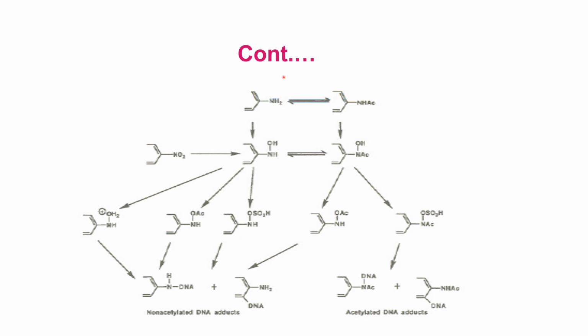This is the pathway of the reaction mechanism. The nitro group is converted into an NHOH or NH2 group, and this NH2 group or NHOH group has a lone pair of electrons, but this lone pair of electrons is involved in the resonance and makes the NH2 group positively charged, which acts as an electrophile and makes a bond with the nucleophilic part of the DNA and damages the DNA.